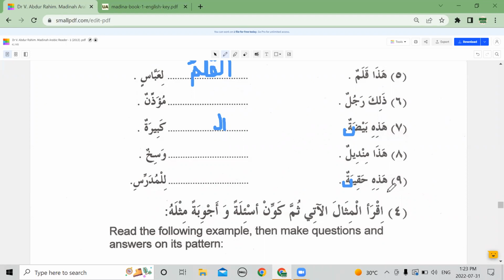Next. هذه حقيبة. حقيبة means garden. Sorry, حقيبة is bag.